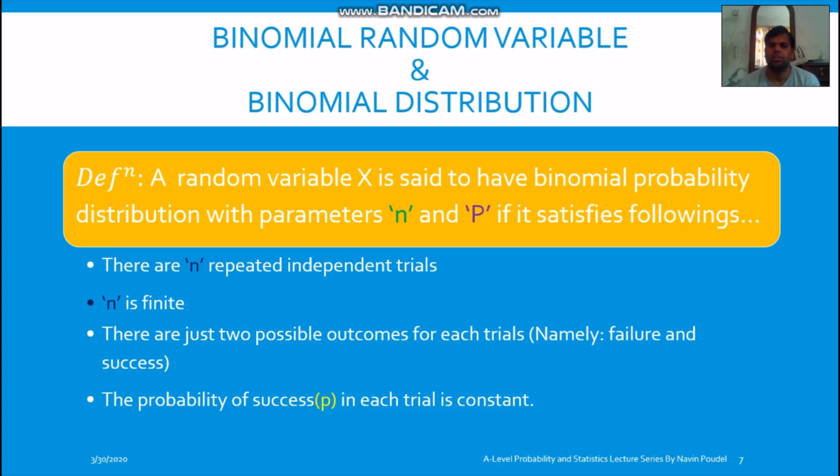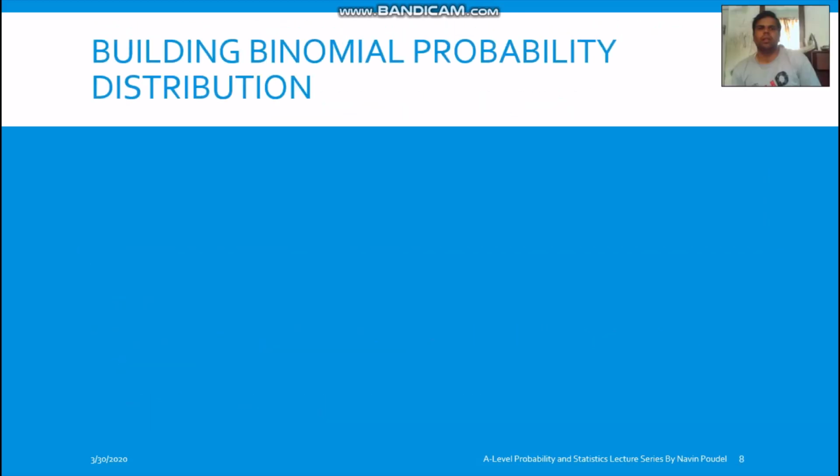There are just 2 possible outcomes for each trial, namely failure and success. The probability of success, p, in each trial is constant, and the probability of failure is complementary, and that is also constant in each trial.